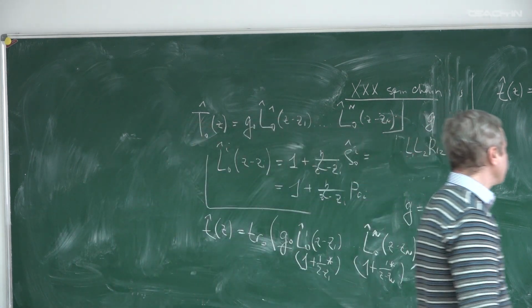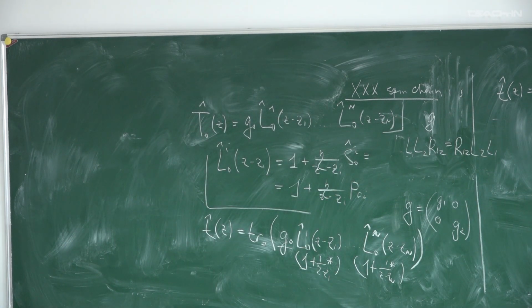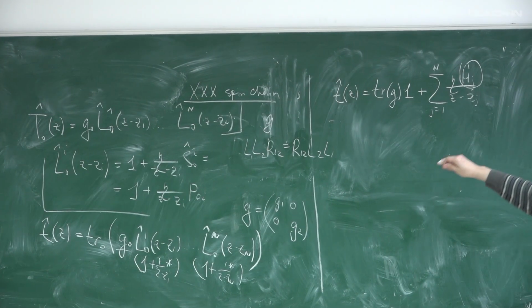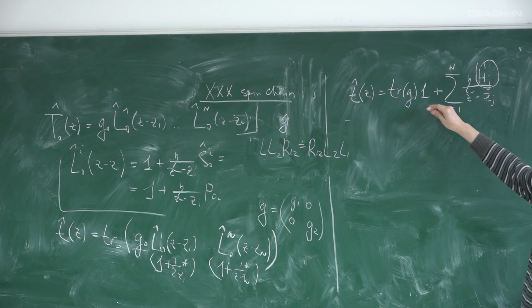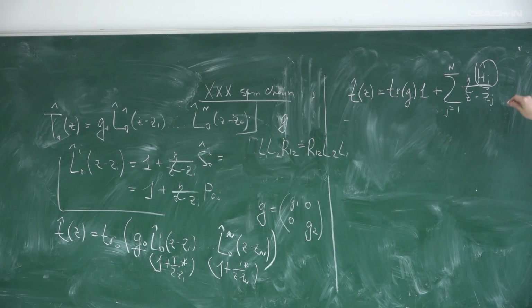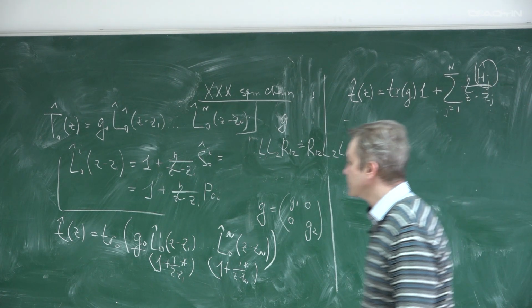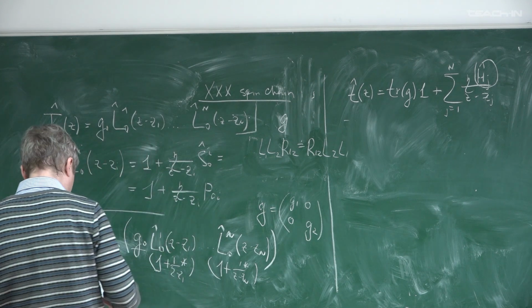And what is written here is just a representation of these rational functions in the form of a sum over all possible simple poles with some residues. And these residues are exactly the quantum Hamiltonians we are going to discuss.